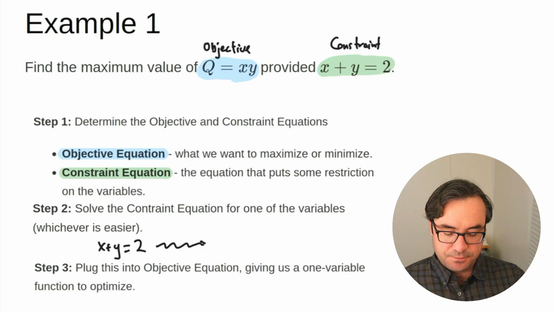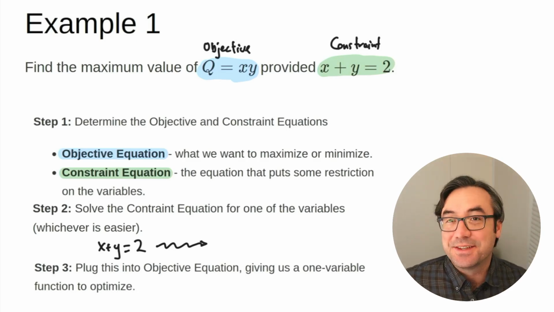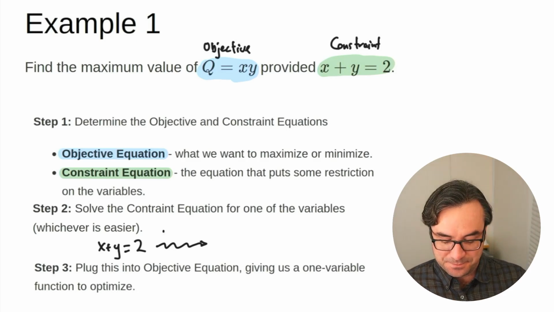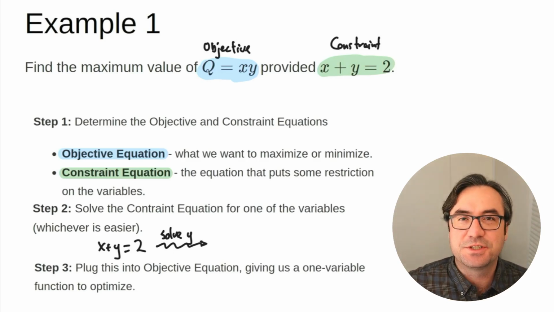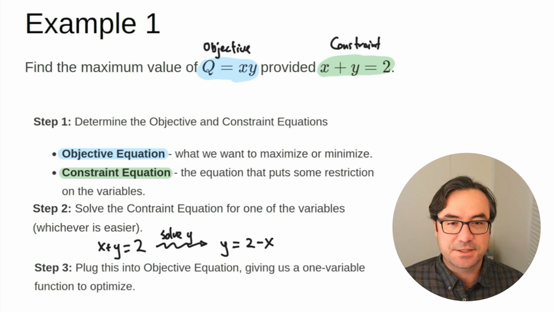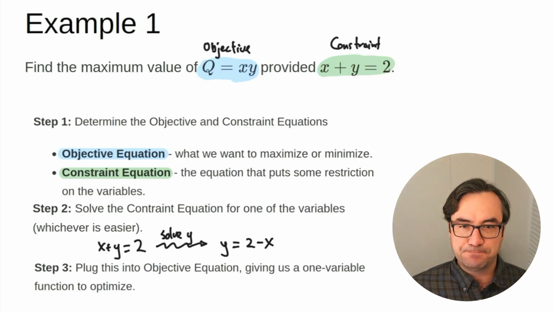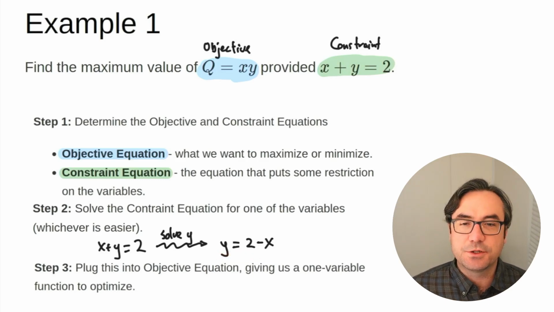And just for familiarity's sake, let's solve for y, but really, I could have just as easily solved for x here. So if we solve for y, we get y is equal to 2 minus x. I'm just going to move that x to the other side. All right, so now we've worked with our constraint.